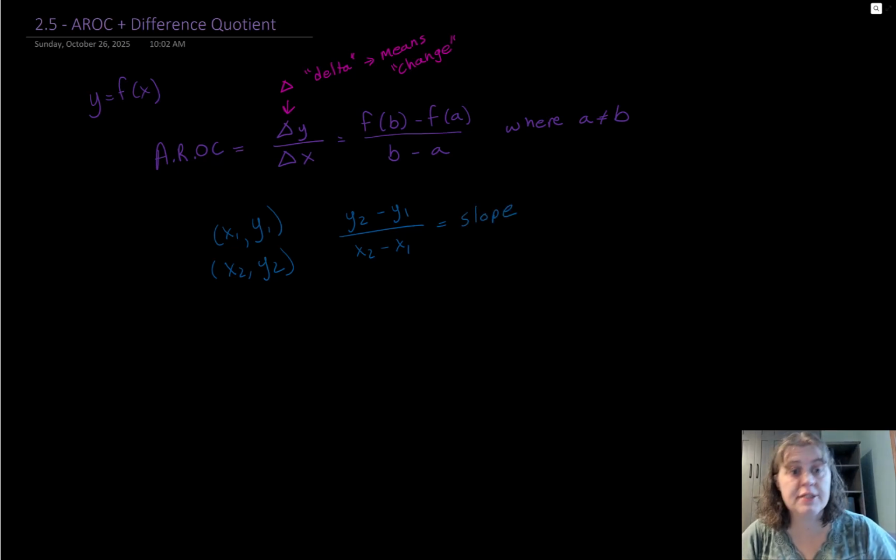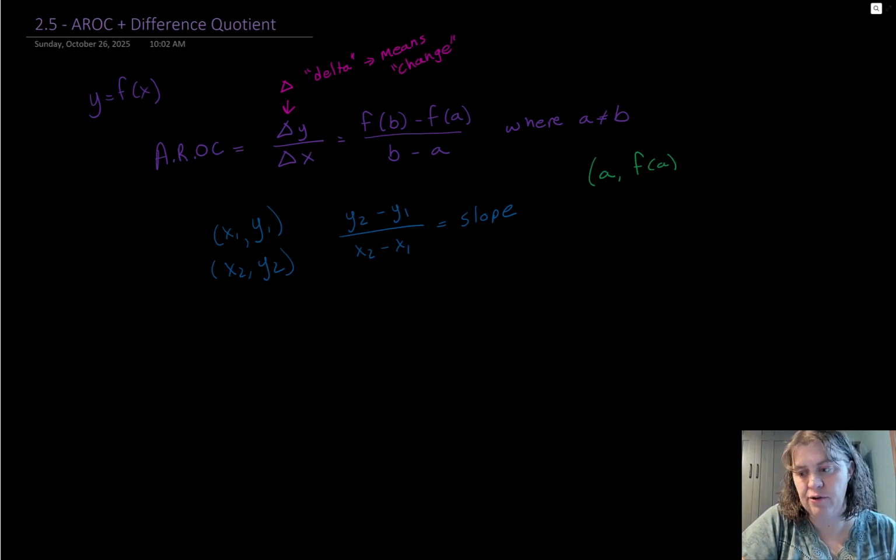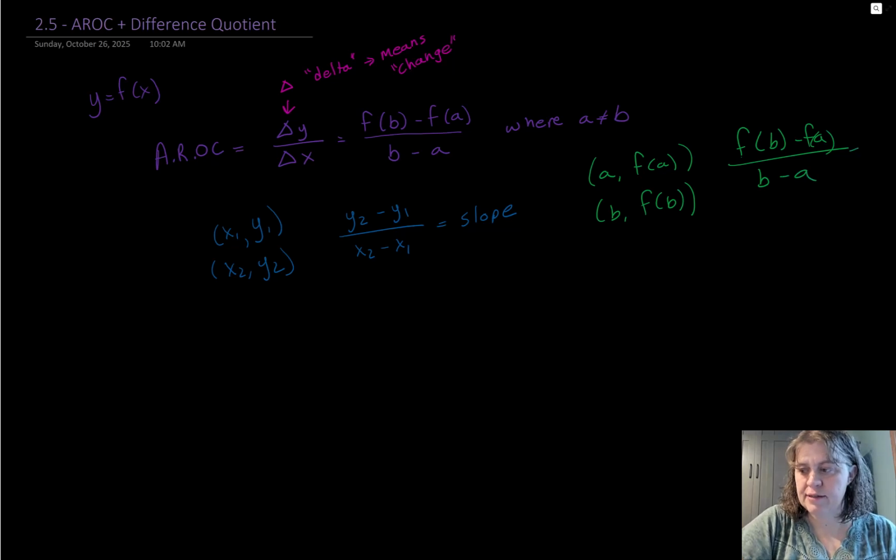Oh my gosh, it's the same thing, because now my ordered pairs are a comma f of a, because that's my y value for that function, and b comma f of b, and we're subtracting the y values, and then we're subtracting the x values. And this is AROC.